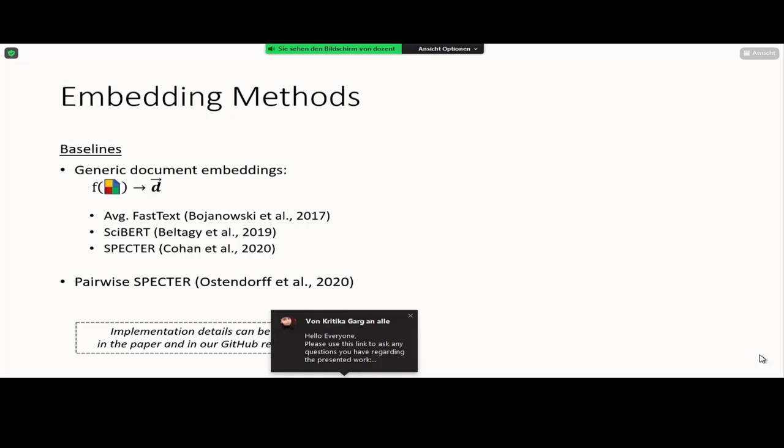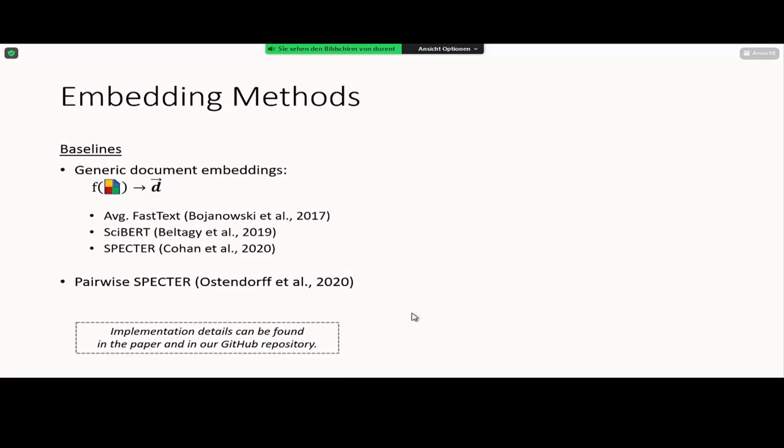We have the transformer SciBERT, and we have SPECTER, which is a variation of SciBERT, but trained with a contrastive loss on citation prediction. And we also have one pairwise classification approach with SPECTER, but we just use this in a restricted fashion because it's not really scalable even to the relatively small corpus that we are using.